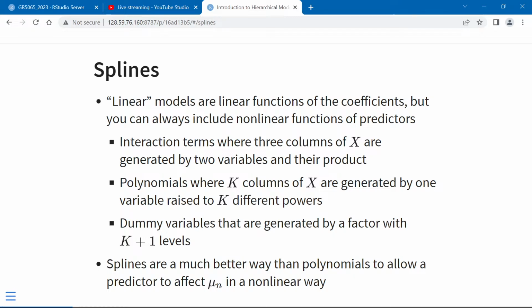You can also have, it's not a great idea, but you can also have polynomials. So one variable, such as age, in the data frame, generating k columns in the X matrix, with one variable such as age, raised to the power 1, and then another column, age raised to the power 2, age squared. Could have another column, age raised to the power 3, etc.